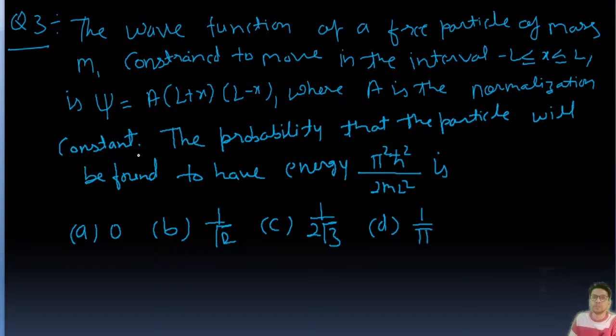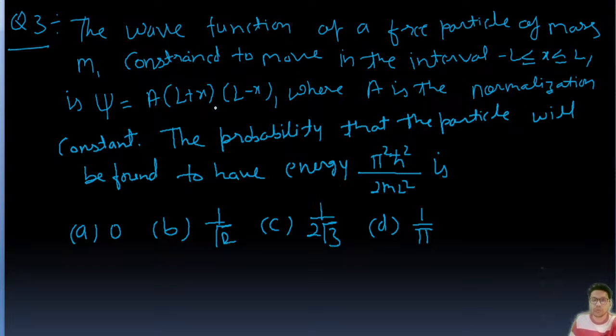So the question is: the wave function of a free particle of mass m is given, and the particle is constrained to move in the interval minus L to plus L. The wave function is psi equal to A (L plus x)(L minus x), where A is the normalization constant.